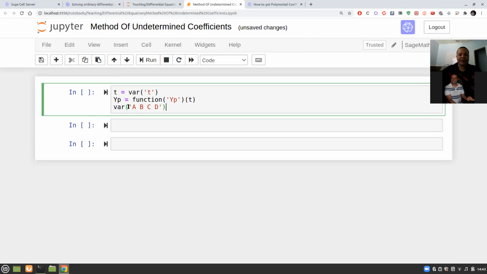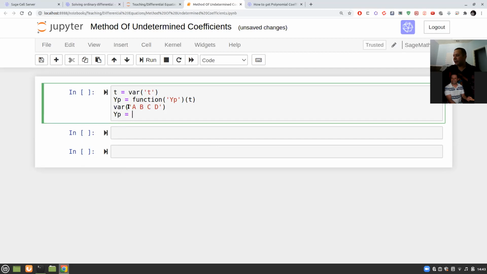Okay. And now I'm going to set yp equals, and this is my guess for the undetermined coefficients: t times e to the negative t times (a times t plus b) times cosine of t, plus t times e to the negative t times (ct plus d) times sine of t.